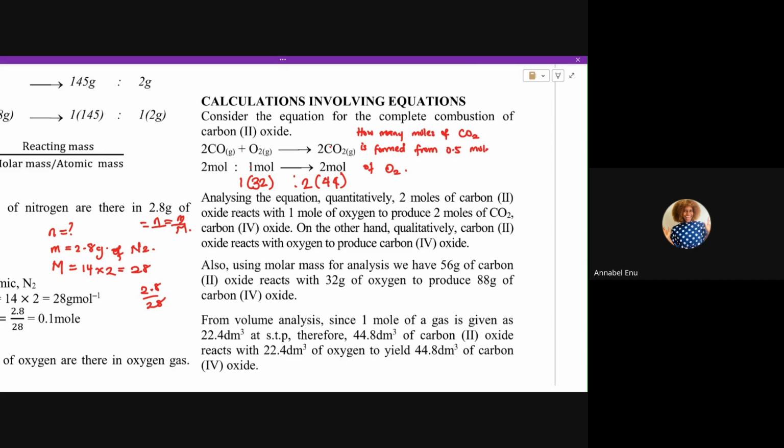So the mole ratio helps us to relate mass, molar mass, and number of moles.